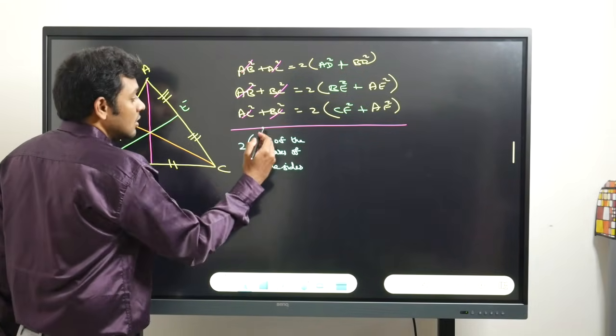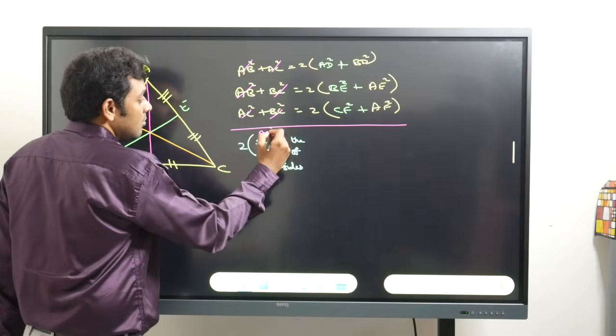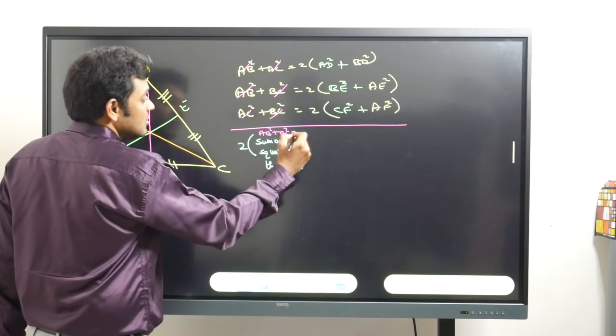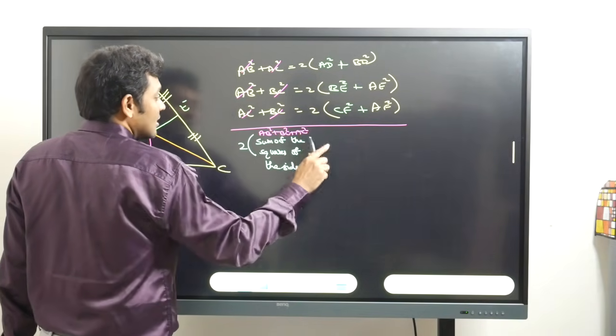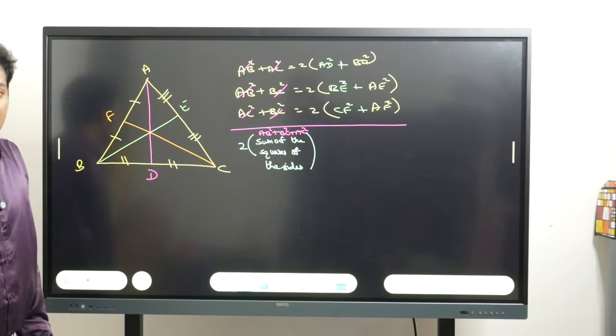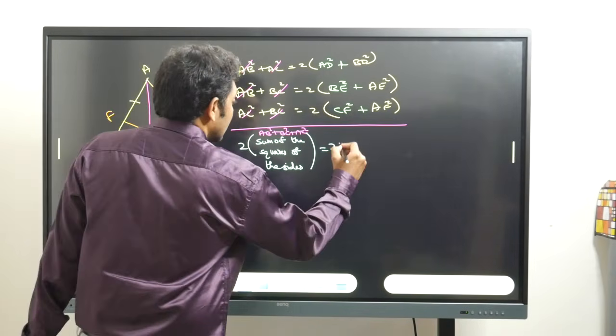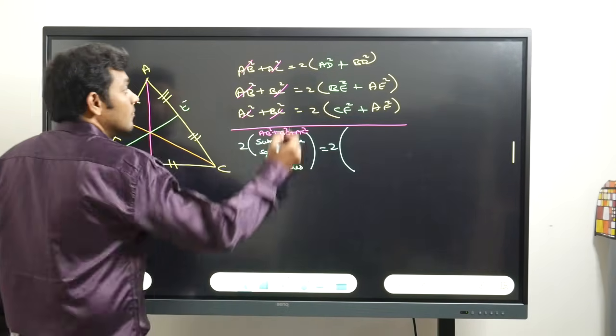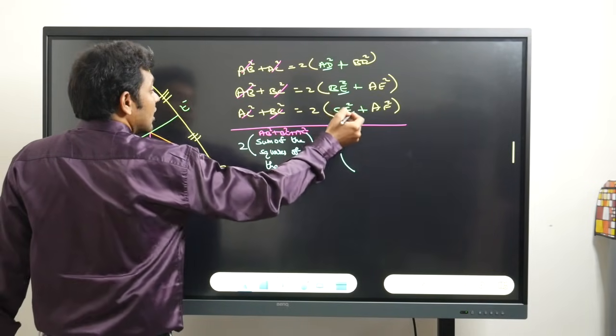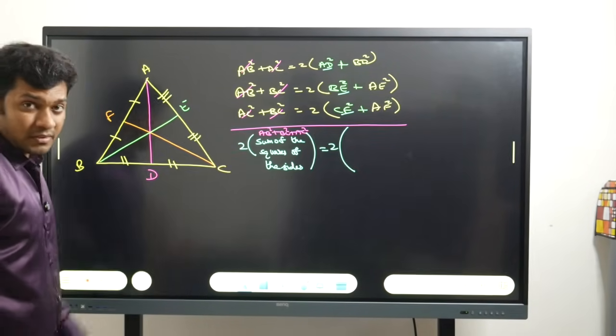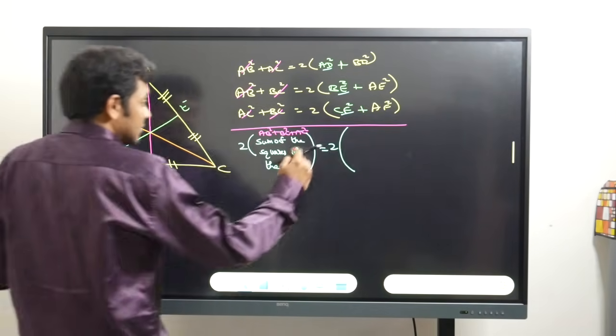Am I right? So twice of AB square plus BC square plus AC square, which is the sum of the squares of the sides, is equal to twice of AD square plus BE square plus CF square. What is that? The sum of the squares of the medians.